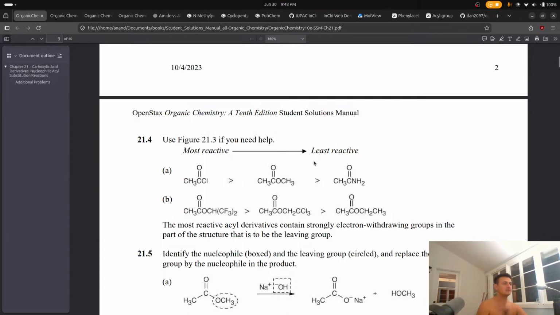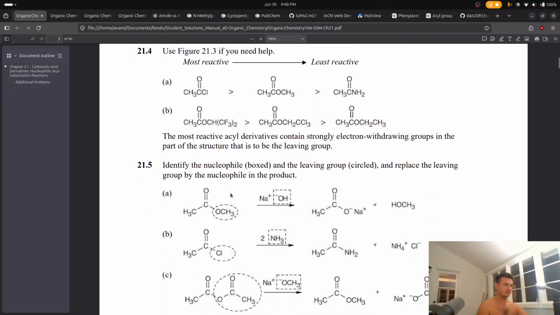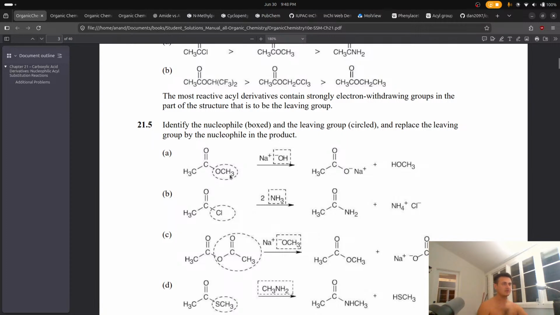Let's see. Okay, that one was obvious. This is what I want to know. So yeah, so it's just... but why here does this not form the acid?